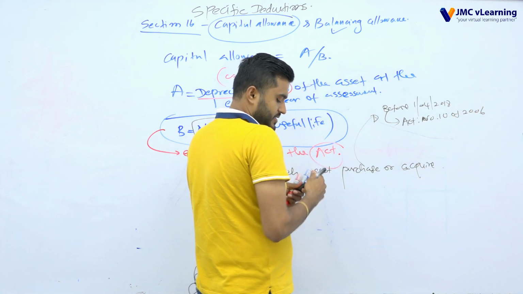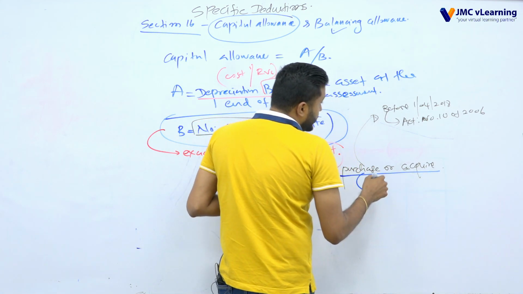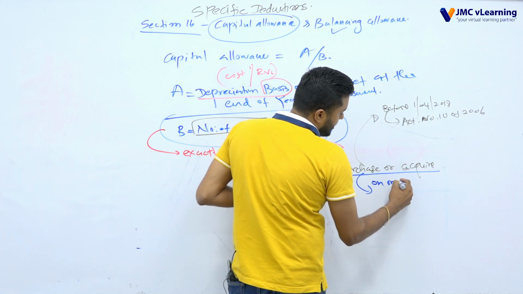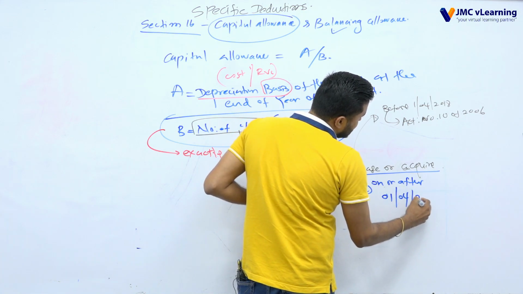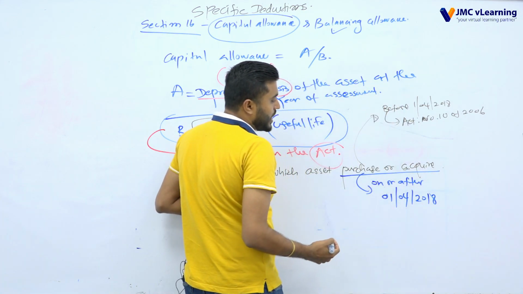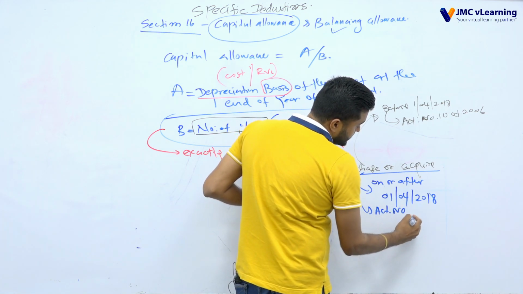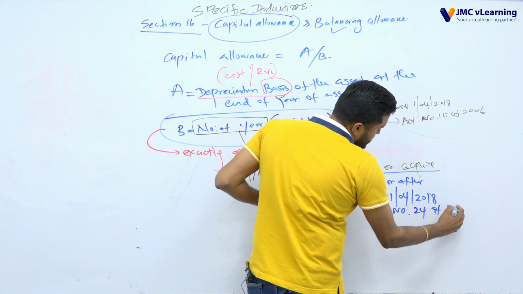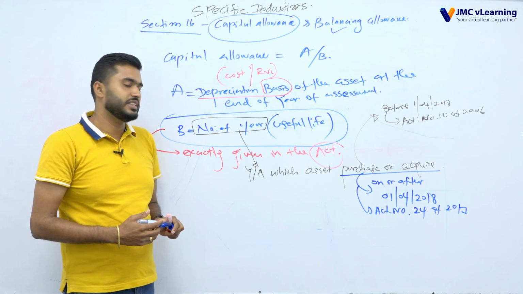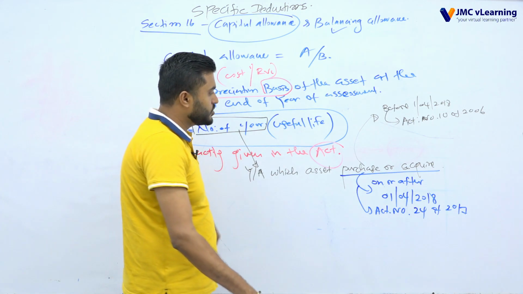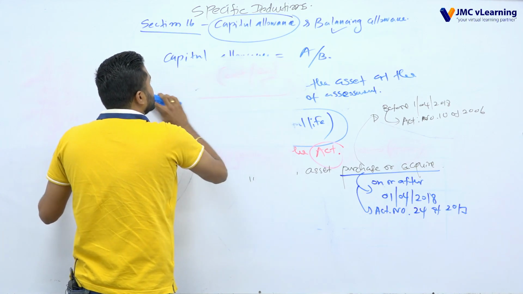But if you purchase or acquire that particular asset on or after 1st April 2018, you have to refer to Act number 24 of 2017, where the useful lifetime is given. So we'll see what the useful lifetimes given in the different Acts are.